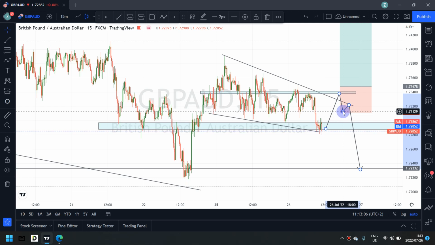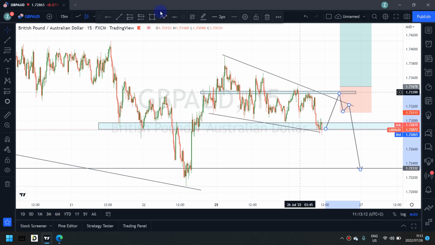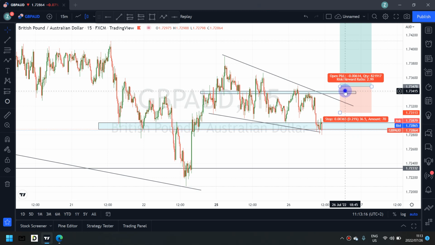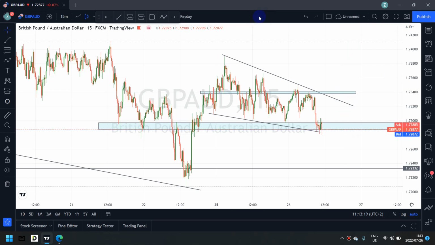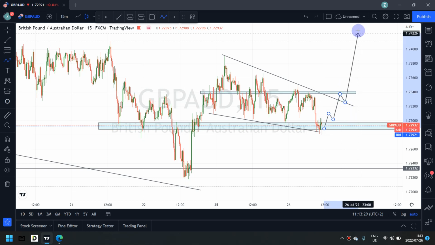But even if the market doesn't give me selling opportunities, I know that for a fact somewhere, somehow, there will be opportunities for a trade. If not, then there's no trade, right? So as I said, no setup, no trade.